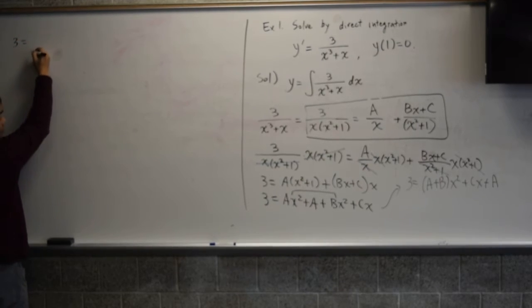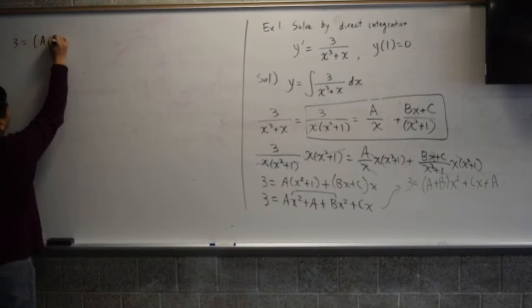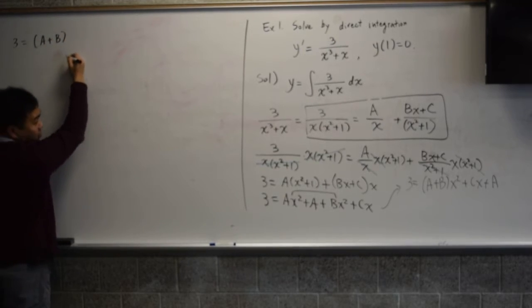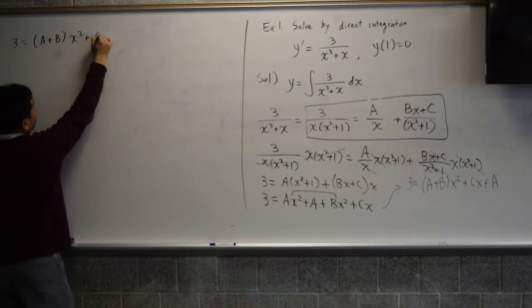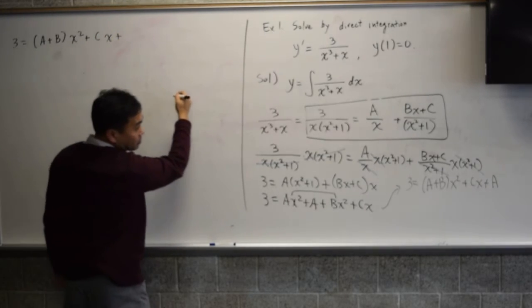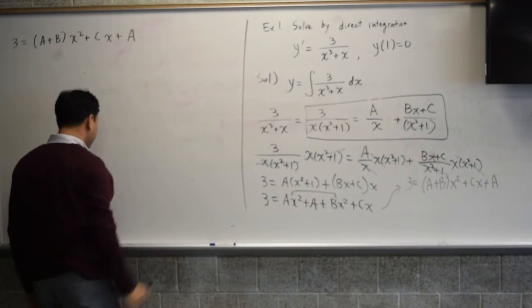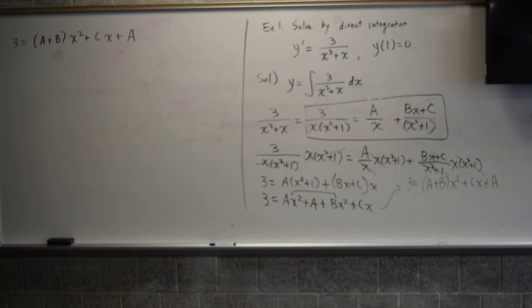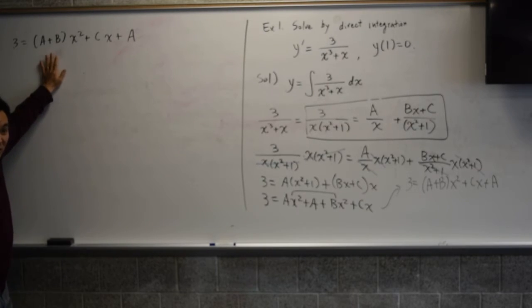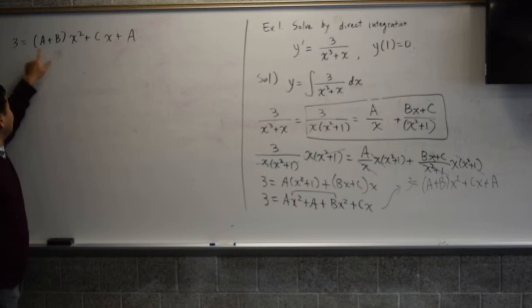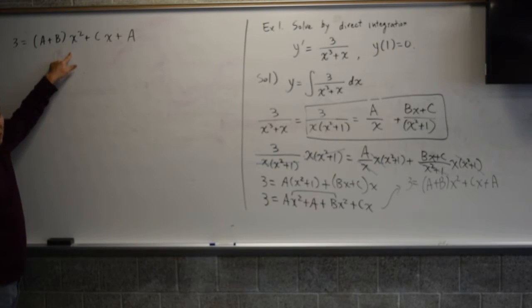Okay, so we have, I'll just copy this one more time: a plus b, x squared plus c, x plus a. Okay, so we have this. And what we have here is not an equation in x, although it looks like it. It's a functional equation, meaning that for any value of x, these two should give you exactly the same values.